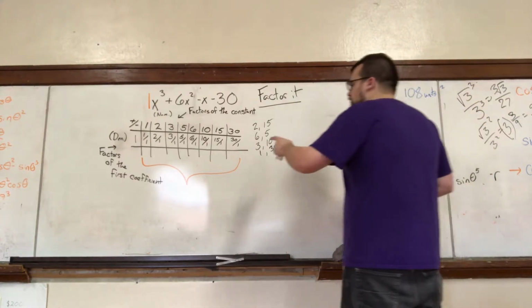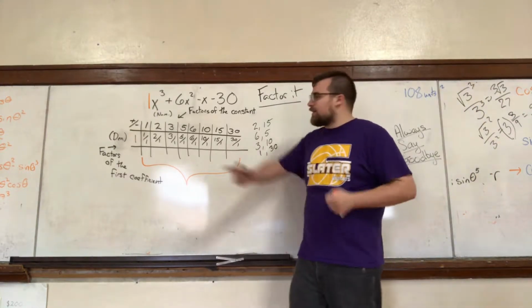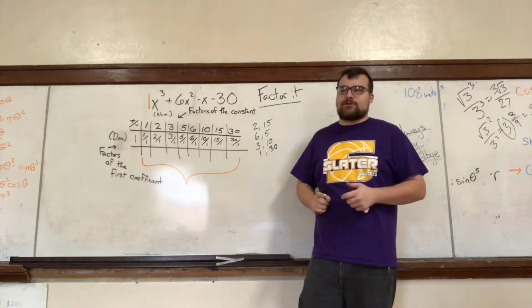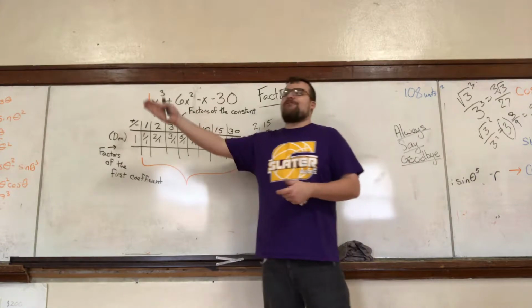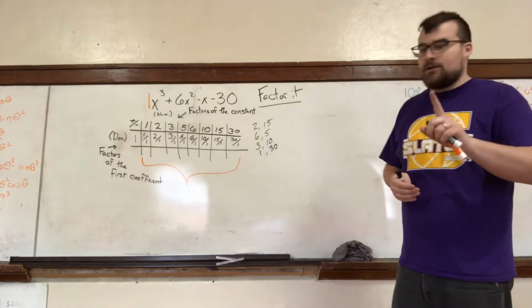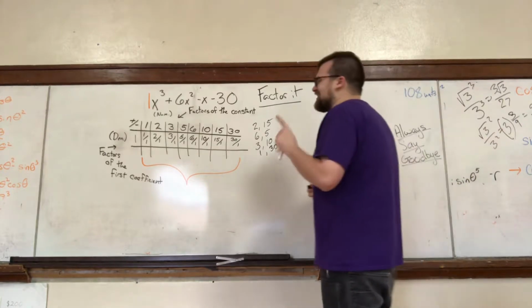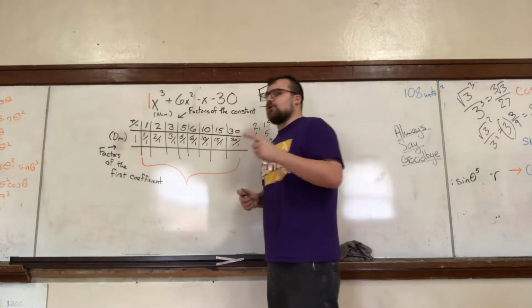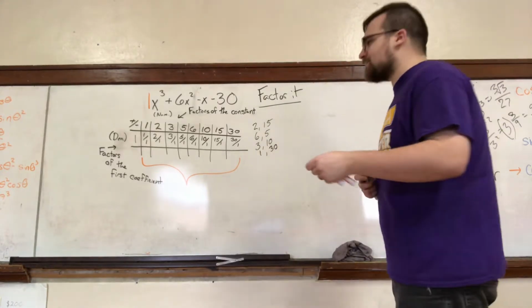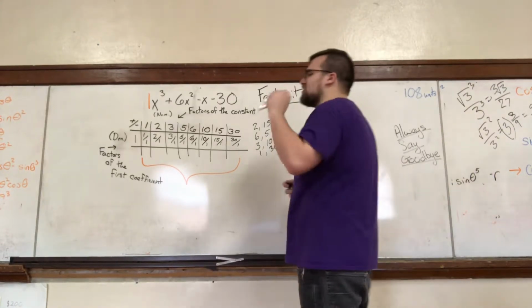So multiple of these, because if this is x to the third, 3 of these 16 are going to be factors. If this is to the 5th, then 5 of your amounts are going to be factors, that kind of thing. We only need 1. So if one of these is a factor, it's also going to be a root. Meaning if we plug it into the equation for x, we are going to get 0.